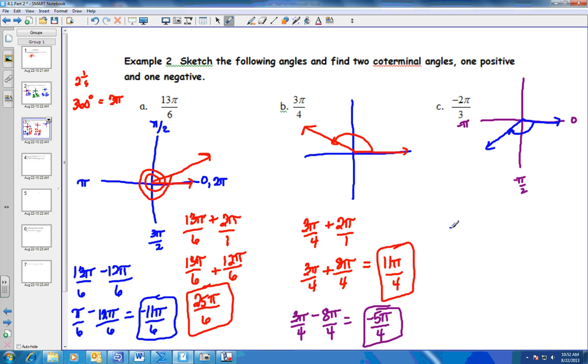All right, so negative 2 pi over 3, let's find our positive coterminal angle. So I'm going to add 2 pi to that. When I find a common denominator, that's going to give me negative 2 pi over 3 plus, my common denominator is 3, so 3 times 2, that's 6 pi. And that's going to give me 4 pi over 3.